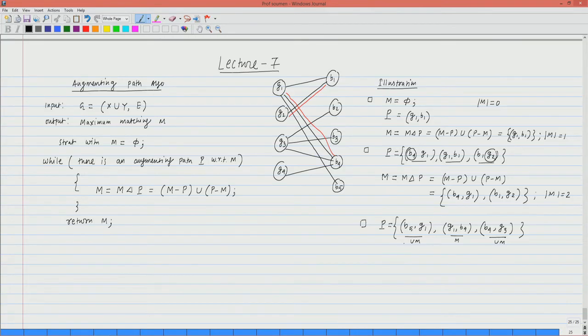So, anyway, this is an augmenting path. Now, we augment this one in the current matching. So, you update your M now.